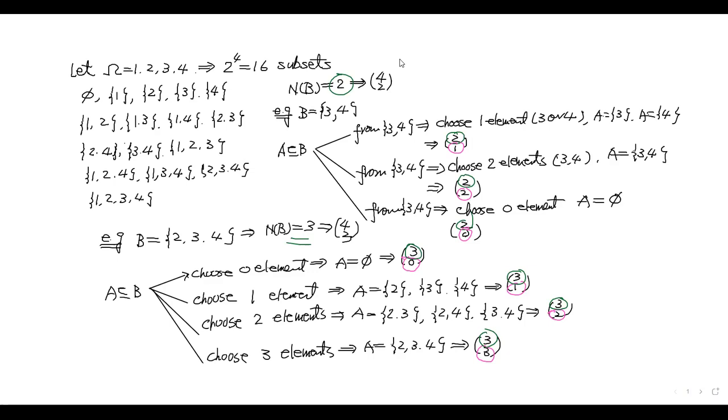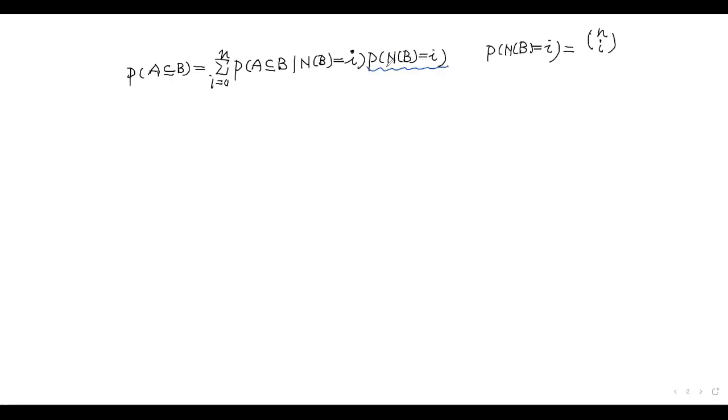That's why I said NB here, right? So your total is 4, you take 2. Total is 3, you take 3 here. So this is NB. Then the total, how many situations? The total is 2 to the n, right? So this probability is equal to n choose I over 2 to the n.